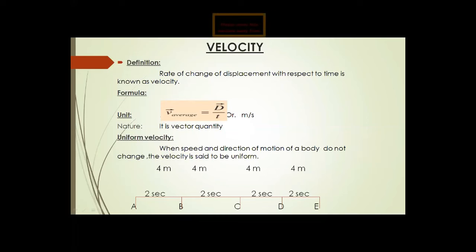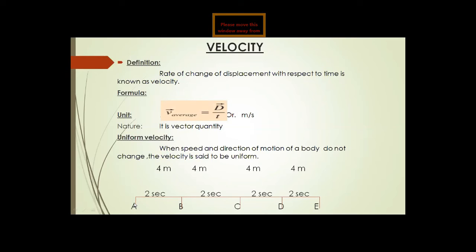Now, let's suppose we are covering a displacement of 4 meter in 2 seconds and the direction is from point A to B. Another displacement we are covering is 4 meter in 2 seconds from B to C. Another displacement from C to D is 4 meter in 2 seconds, and another one is 4 meter in 2 seconds from D to E. So here all of the displacements are equal in equal intervals of time while all of the directions are similar.